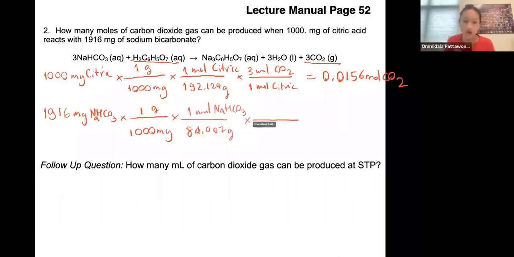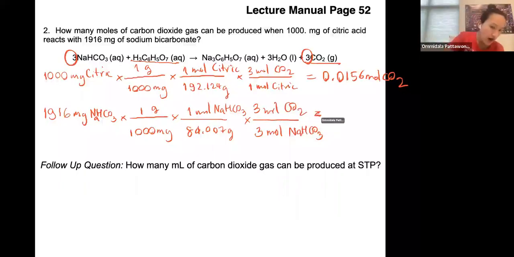Then I'm going to use the mole ratio of sodium bicarbonate and carbon dioxide to get to mole of carbon dioxide. So 3 mole of sodium bicarbonate produce 3 mole of CO2. If you do this correctly, you are going to get 0.0228 mole of CO2.